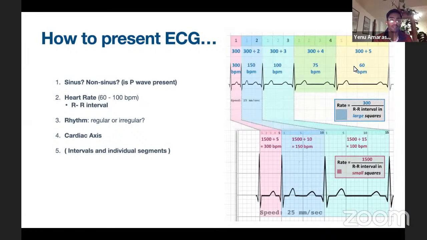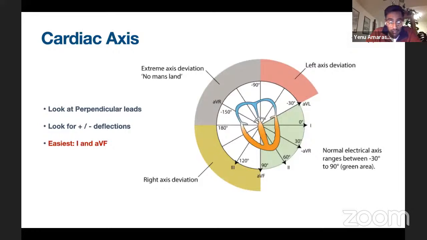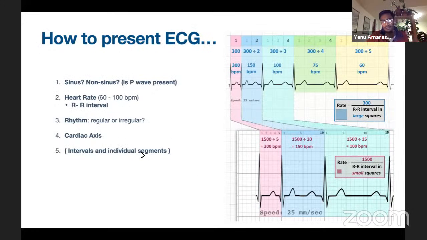And then you'll go on to check if the ECG is regular or irregular, and by that I mean is the same cycle, the same PQRST, being repeated over and over. And then you'll check the cardiac axis like in the previous slide. And then finally, you look for intervals and individual segments if it is relevant.